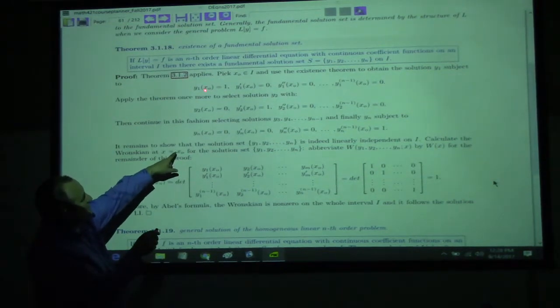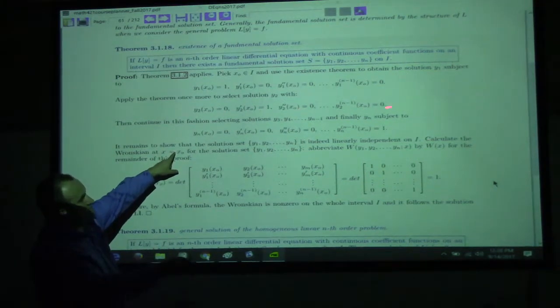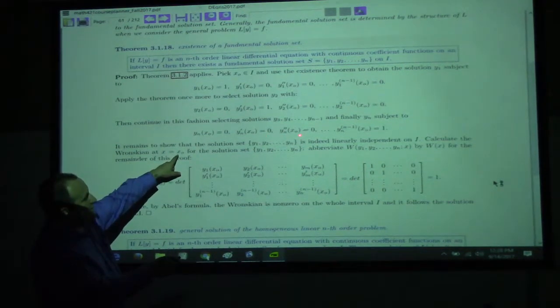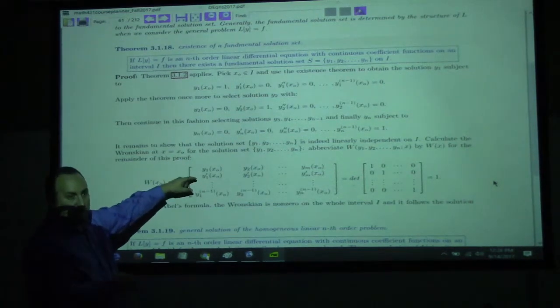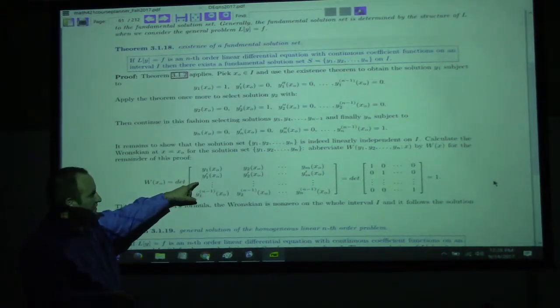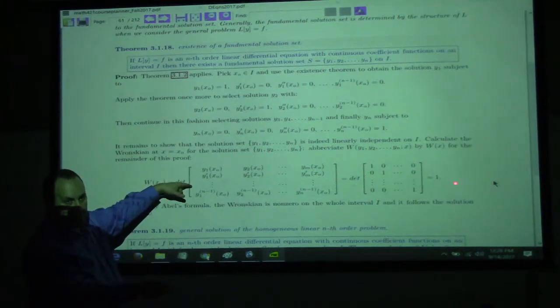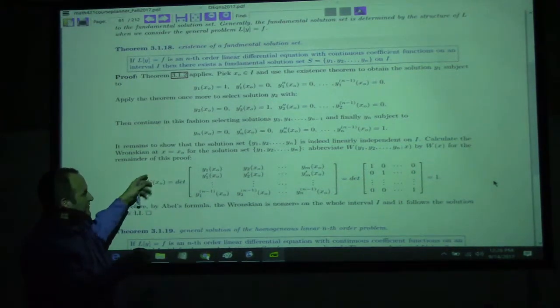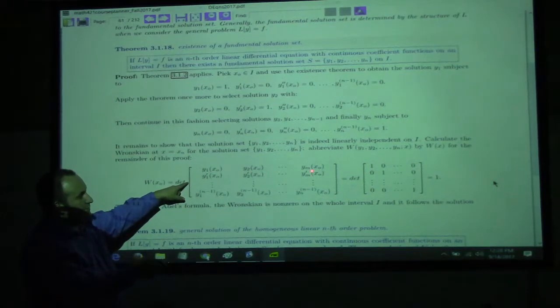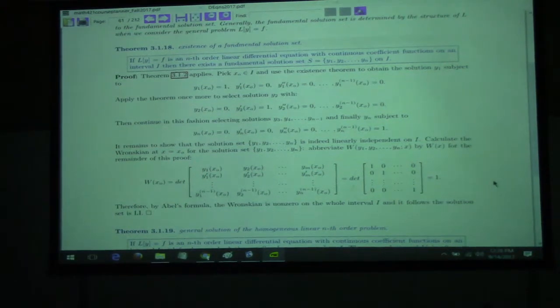We solve the initial data mix, which makes the first one 1 and the rest of them 0, the derivative 1 and the rest of them 0, the acceleration 1 and the rest of them 0, and finally the n minus 1 derivative 1, the rest of them 0. When you calculate the Wronskian at that point, where we found all these initial data solutions, this Wronskian just becomes the identity matrix, which has determinant 1, which then shows you that these functions y1 through yn are everywhere linearly independent by what we just found with Abel's formula.